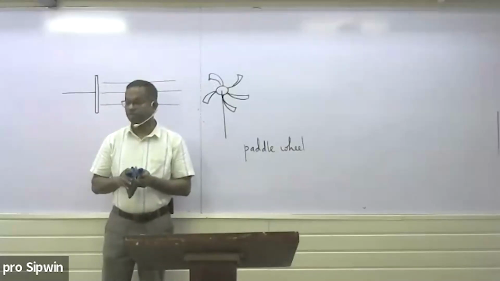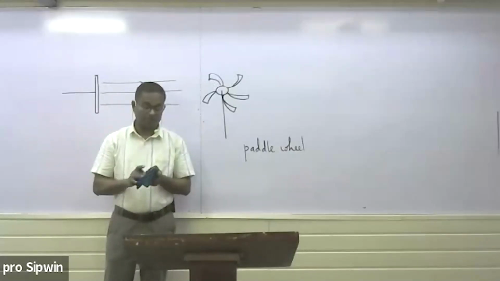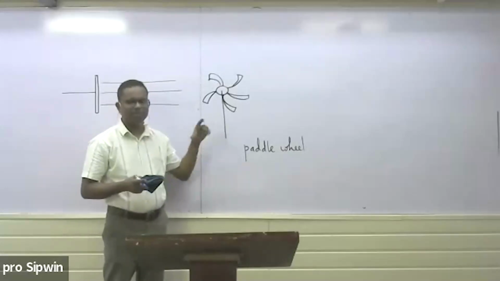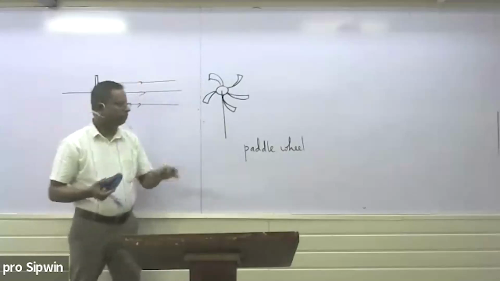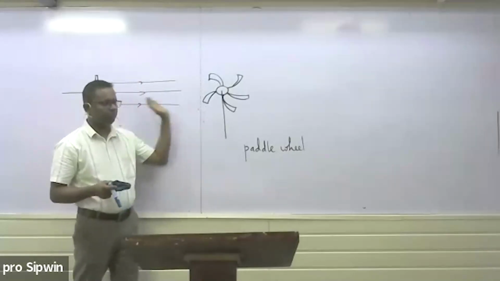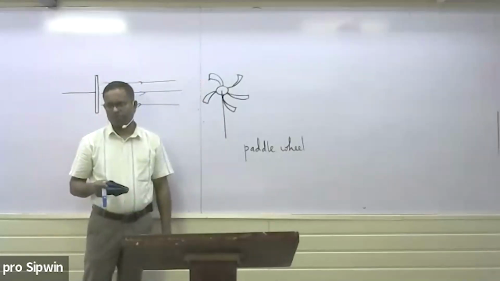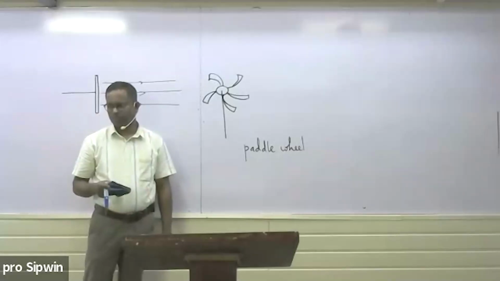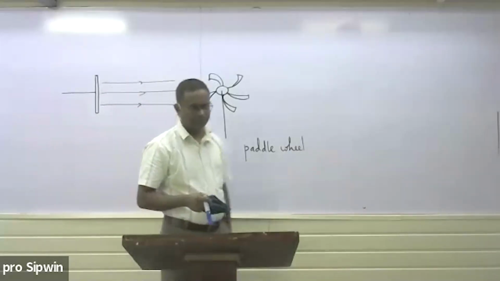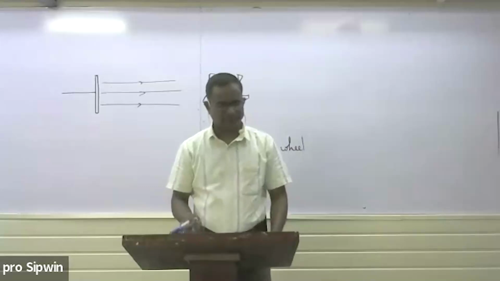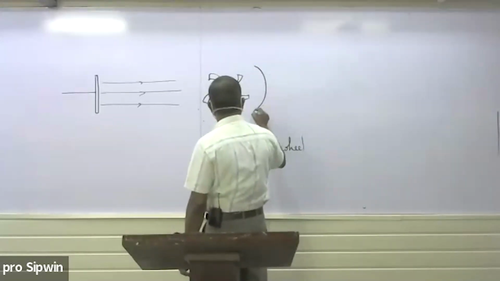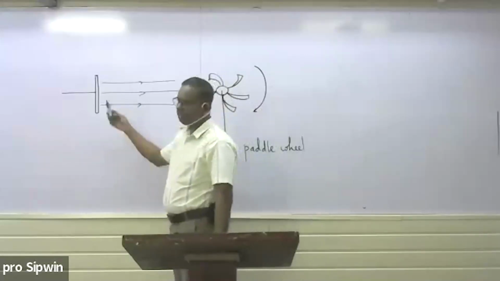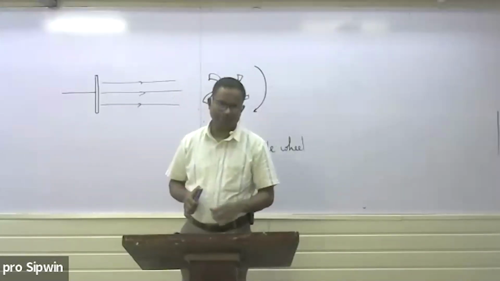Now, in the cathode ray tube, place the paddle wheel, produce the cathode rays, and allow them to fall. What did he observe? He observed this one rotate in one direction. This rotation means these cathode rays are some sort of matter.